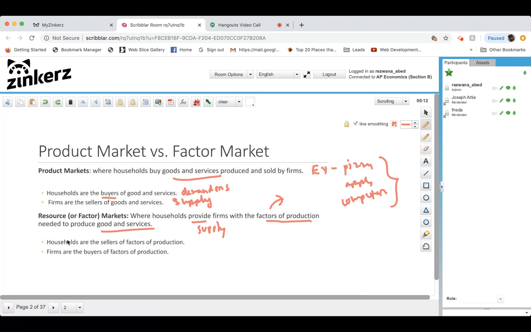Okay, so here households are the sellers of factors of production, so they are the suppliers, and firms are the buyers, or they're on the demand side of the factor market. Okay, so this is one of the big distinctions between product market and factor markets: the roles of households and firms are now reversed.